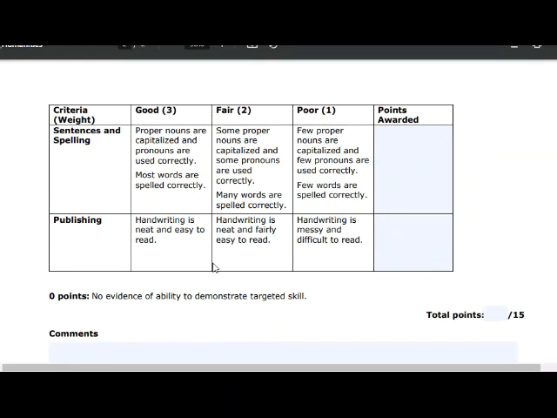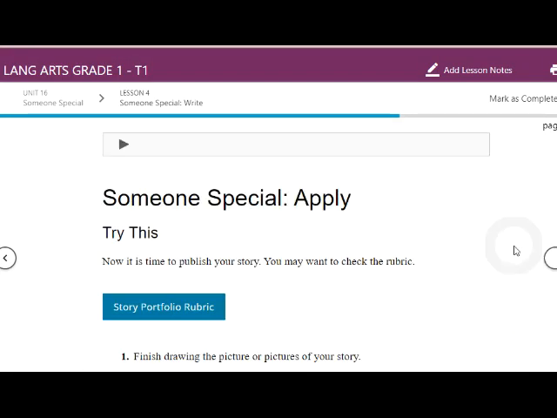Down here, we've also got some publishing criteria. So what you need to do to make sure that your published book is perfect and everything is correct. If you have any proper nouns like people's names, they should be capitalized. Most of your words should be spelled correctly. You can get help from your parent or caretaker, and you should make sure your handwriting is neat and easy to read. All right, so now we know exactly what we're going to do.